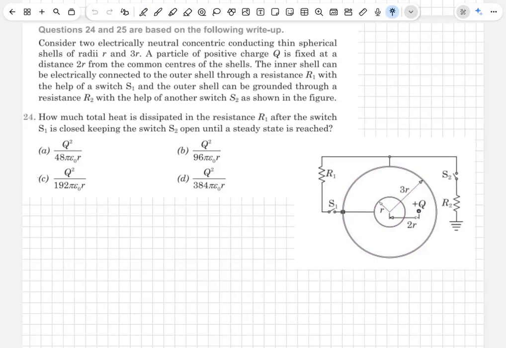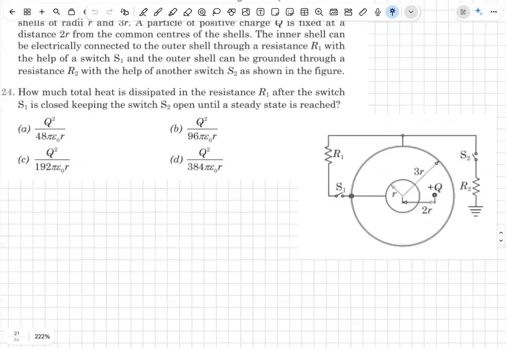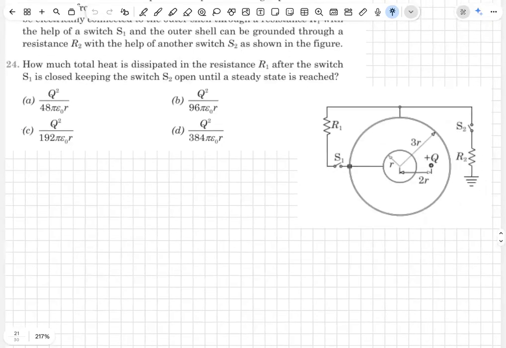The inner shell can be electrically connected to the outer shell through a resistance R1. This is the path. And the outer shell can be connected to ground by means of R2. The first part of the question is difficult in this, the remaining part is manageable. How much total heat is dissipated in the resistance R1 after the switch S1 is closed, keeping the switch S2 open, until a steady state is reached?